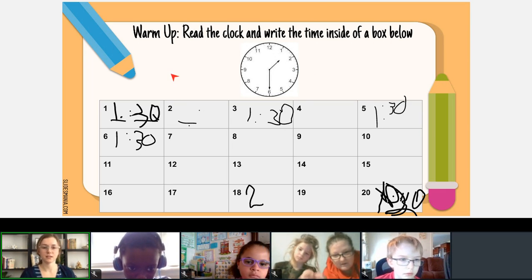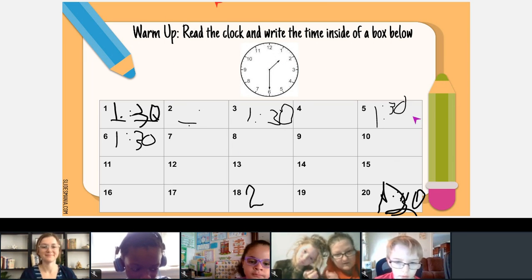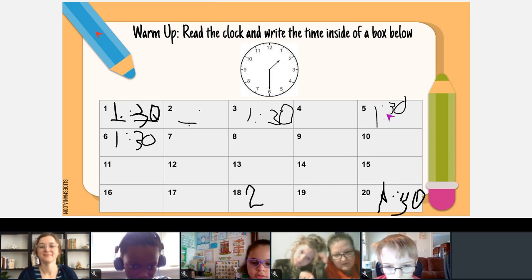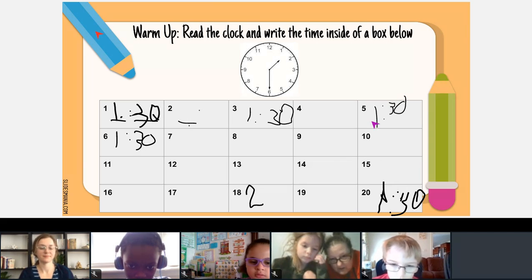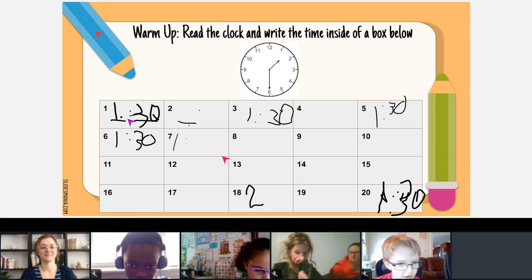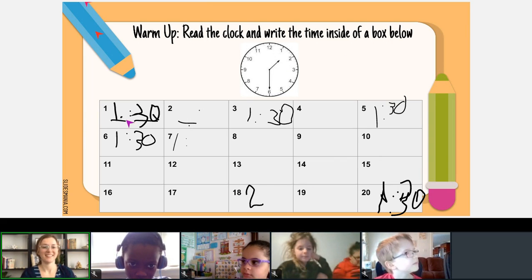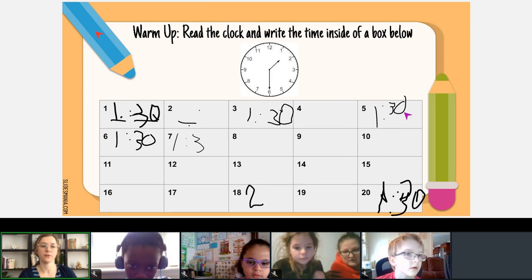Box number 6 looks good. Box number 5. Box number 1. Yeah, if you see a little triangle where your mouse is, that means you're on the pointer. So you have to go up and click the one that looks like a pencil or a pen.